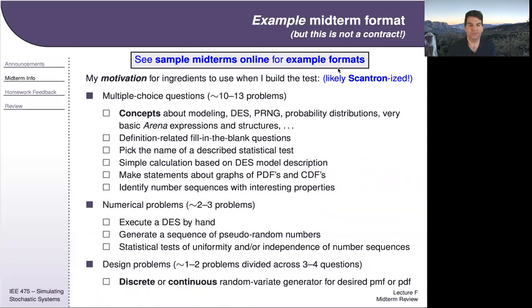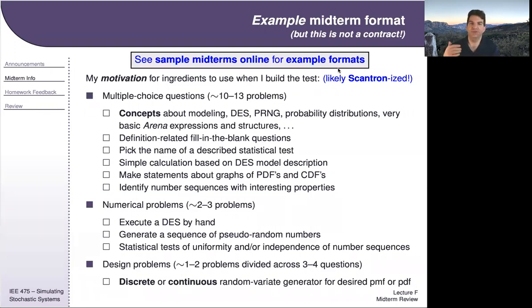Like I said, you can see sample midterms online for example formats, but basically when I design this, they're all going to be multiple choice questions, or there'll be fill in the blank. There'll all be things that Canvas can auto grade, but the motivation for how I build them is that the first, say, 10 to 13 problems are going to be concept related questions.